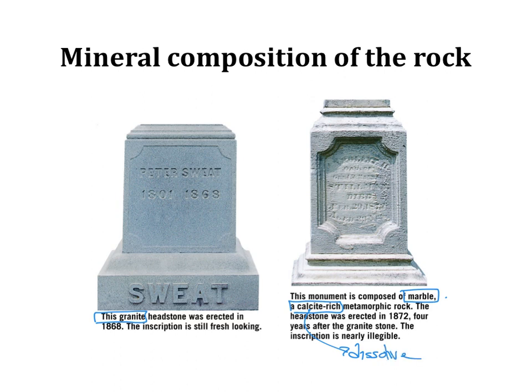So calcite actually gets destroyed pretty quickly. And we can see that even though this headstone is younger, 1872 versus 1868, it's much more difficult to read than the granite one.